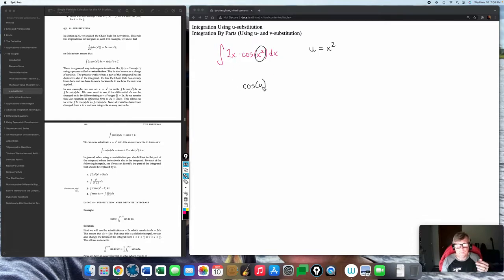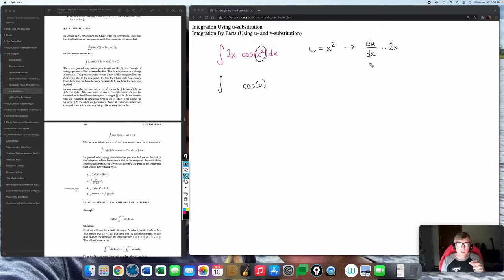I'll explain why. The integral sign stays the integral sign. What we have to do is differentiate both sides with respect to x, right? If you differentiate this, you get du/dx equals 2x, which we've already mentioned.